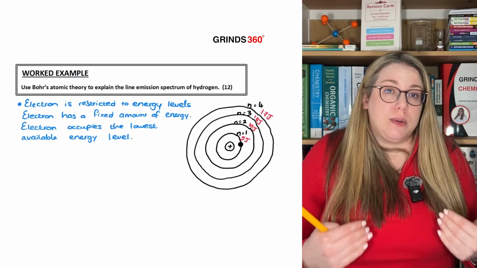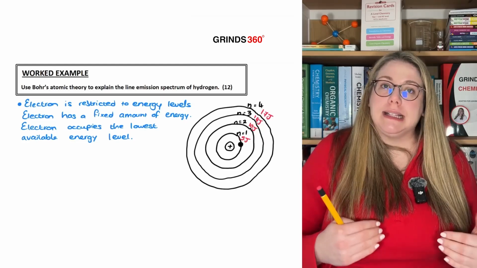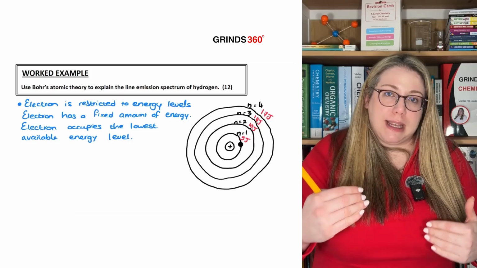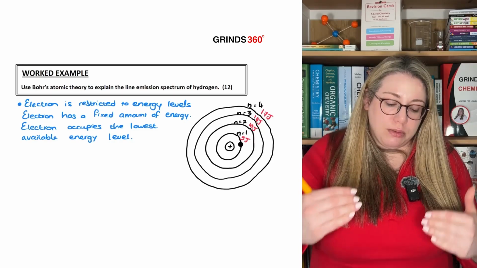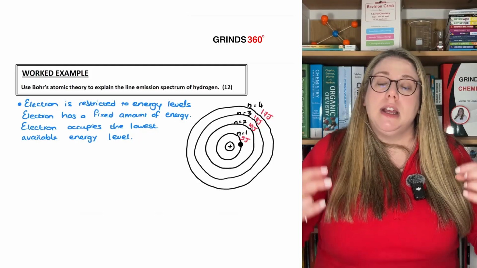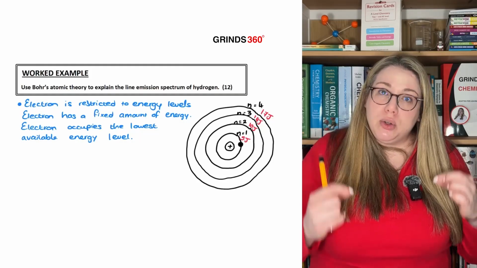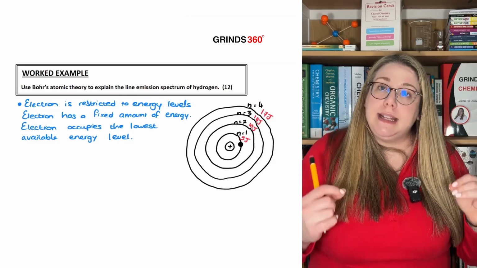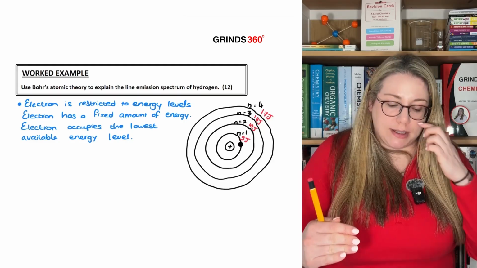So if it's in those bullet points, it has to be in your answer, specifically the words in bold. There has been multiple mark schemes where a combination of those 3 points for that first bullet point are needed to get the first 3 marks. So we're going to cover ourselves and make sure that we have all 3 of those small points in there. Yes, it is overkill, but we're just going to go with it.